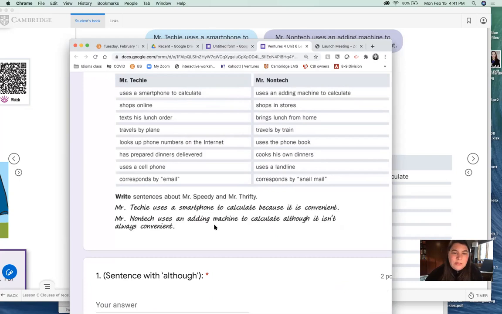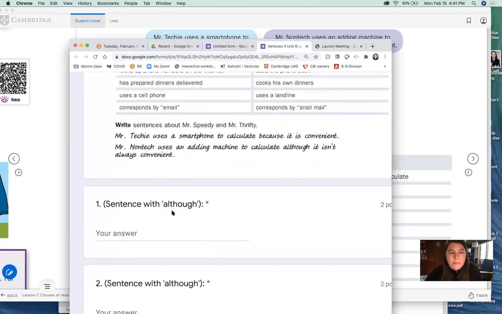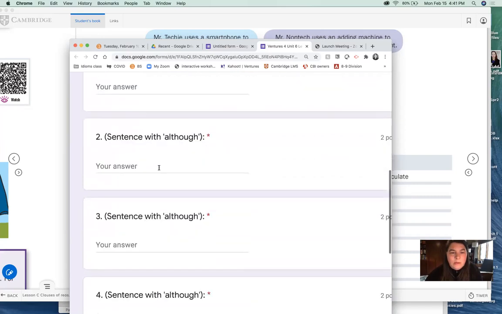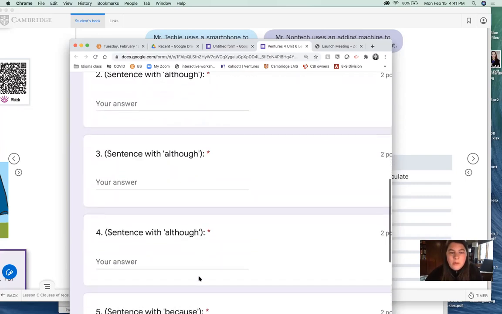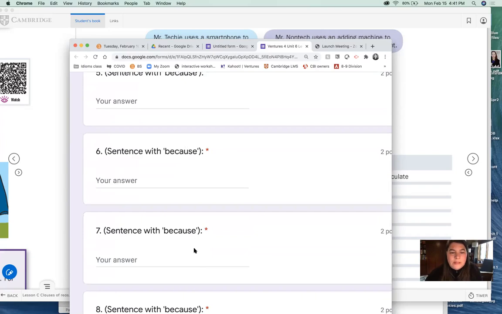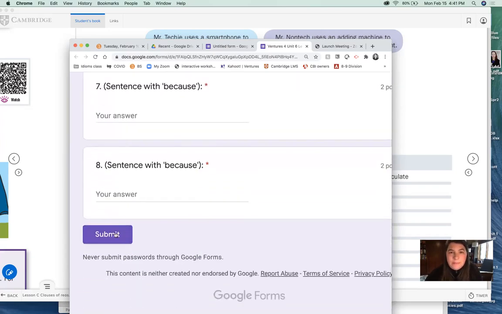Mr. Non-Tech uses an adding machine to calculate, although it isn't convenient. So you can mix them up and choose what you like. So down here, just as a reminder, 4 sentences with although, and then 4 sentences with because down here. Okay, and then hit submit.